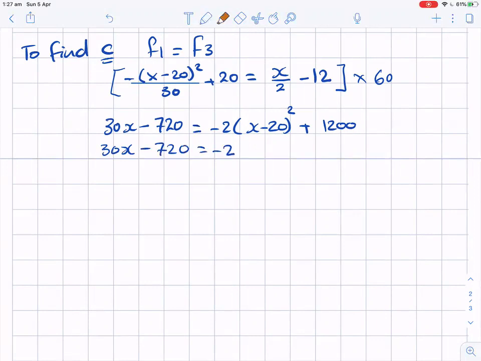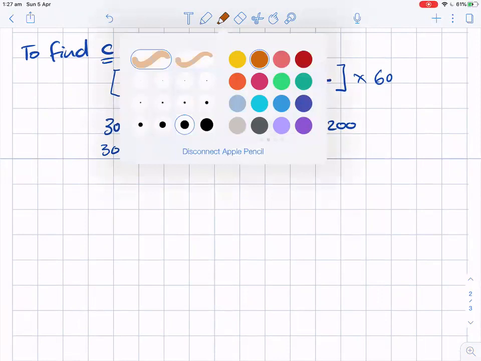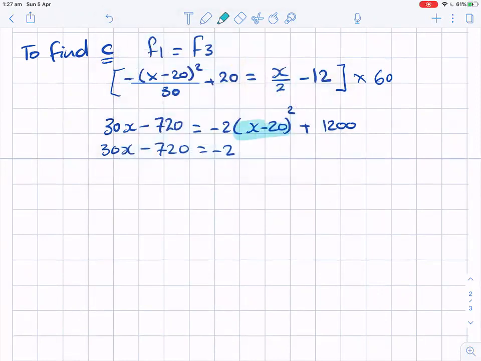Now we expand this because it has a square. It's going to be minus 2 times this. When you expand the square, it's x squared minus 2 times 20x, so minus 40x, plus 400, and plus 1,200 here.